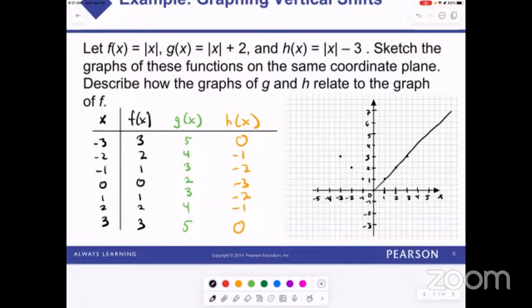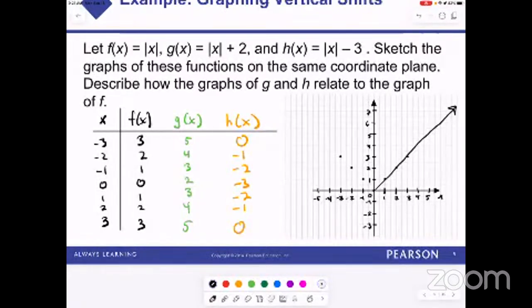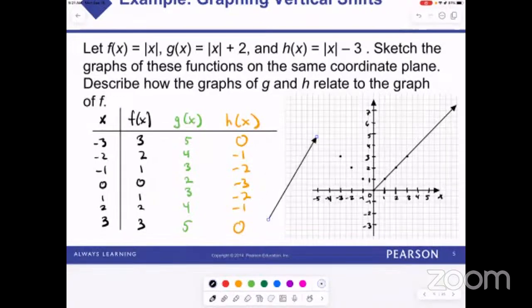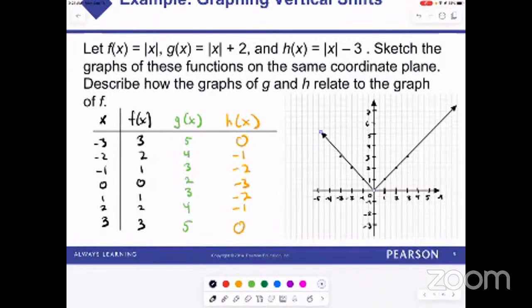Let's try that again. Okay, and then I guess we can just copy, paste. So then what I'd like to do is get a copy of this.